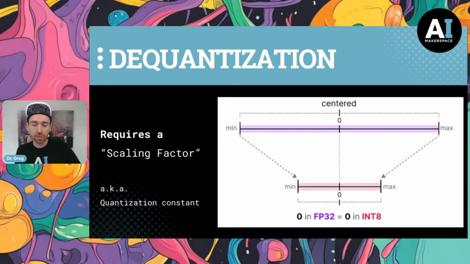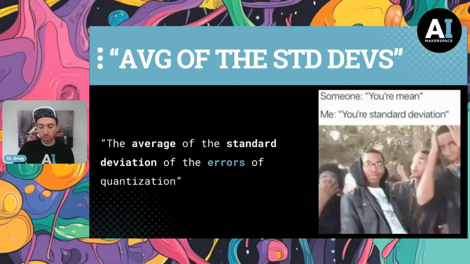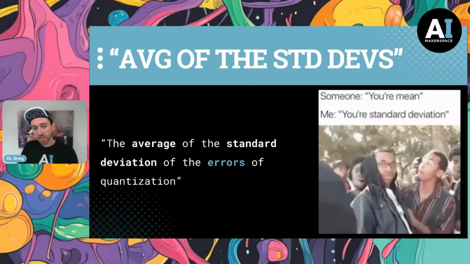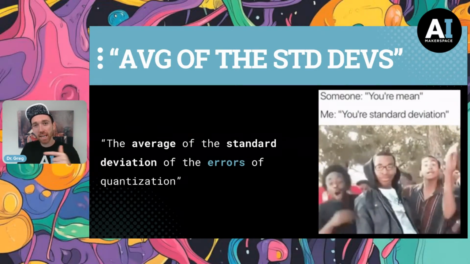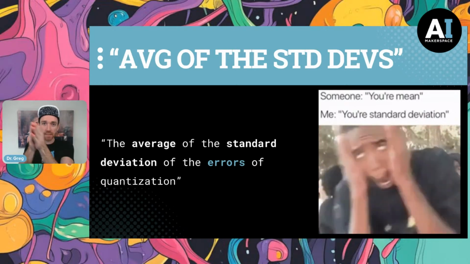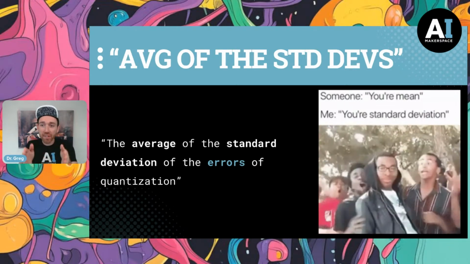Because essentially what we do is we take, check this out, follow me, the average of the standard deviation of the errors in each bin. Okay, so wait, hold on. We're taking the average of the standard deviation of the errors in each quantized bin, in each quanta.